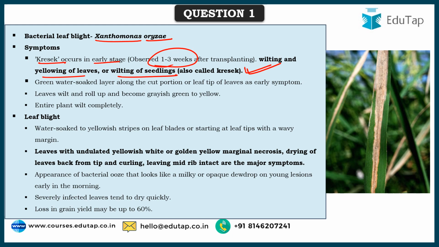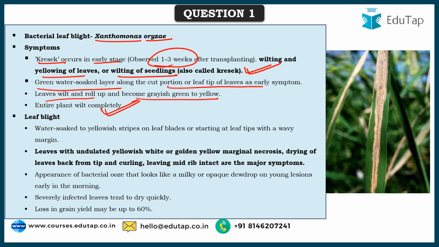After that, one of the other early symptoms that one can observe when bacterial leaf blight attacks is a green water soaked layer along the cut portion of the leaf, at the tip of leaves, and then leaves wilt and roll up, sometimes even become grayish green in color and even yellow, and the entire plant wilts completely.